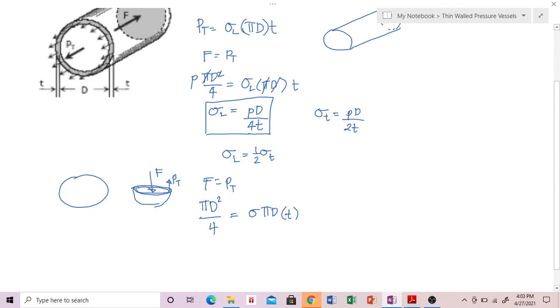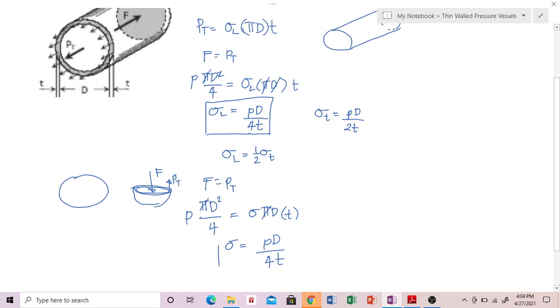vessel. So, ang makukuha natin dito, class, is similar, wala tayo dito ng internal pressure. Ang makukuha natin dito na stress ng material is equivalent to similar doon sa longitudinal stress, which is PD over 4t. P is the internal pressure doon sa loob ng fluid, D is the diameter of the spherical vessel, and then t is the thickness.